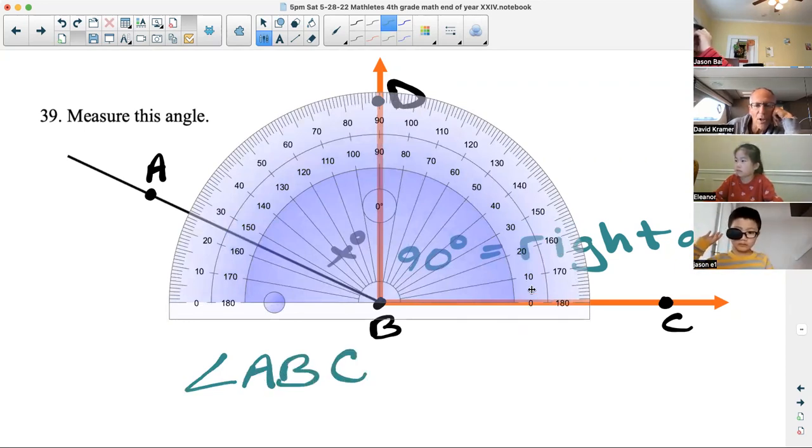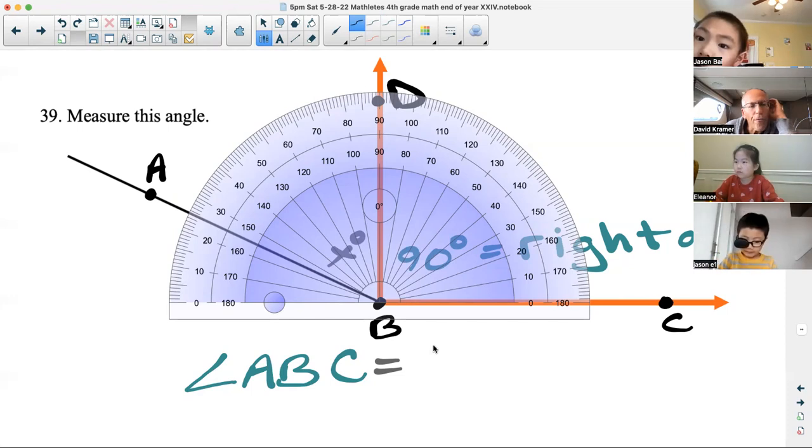So you would have to look on your protractor until it stops at the angle. Okay, Jason E, go for it. Was it 40?